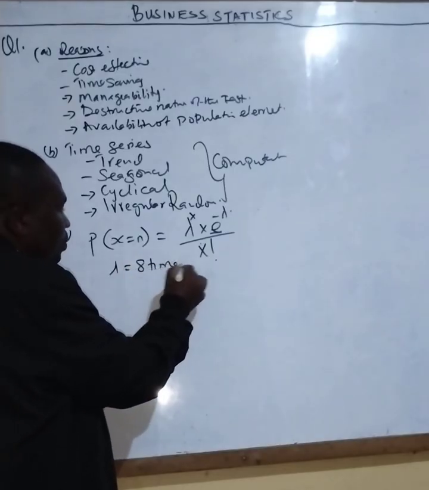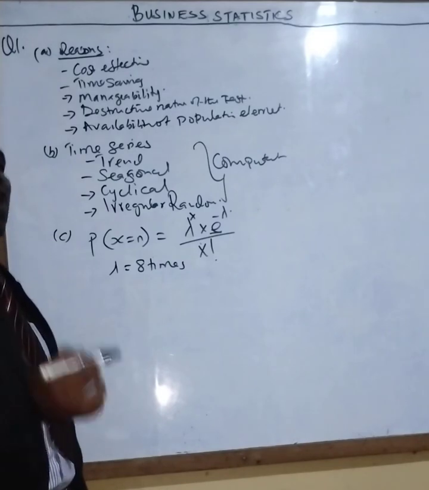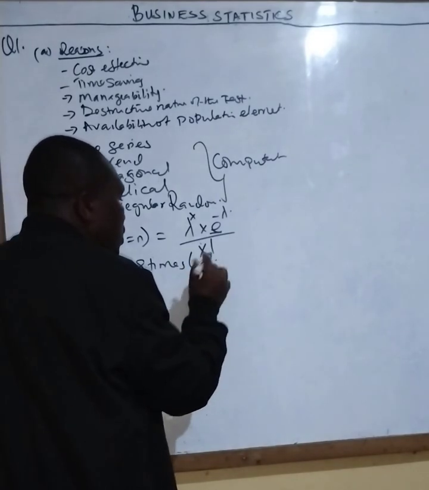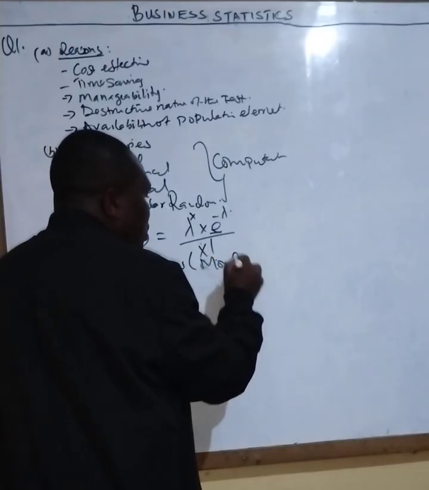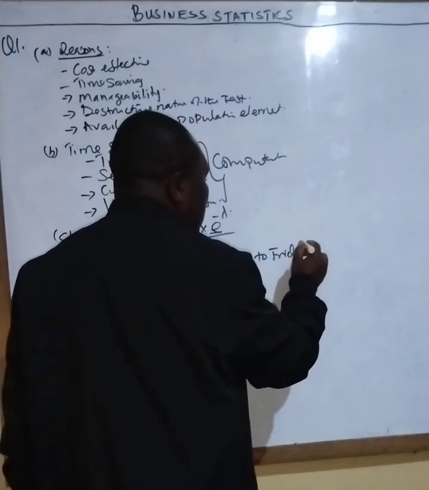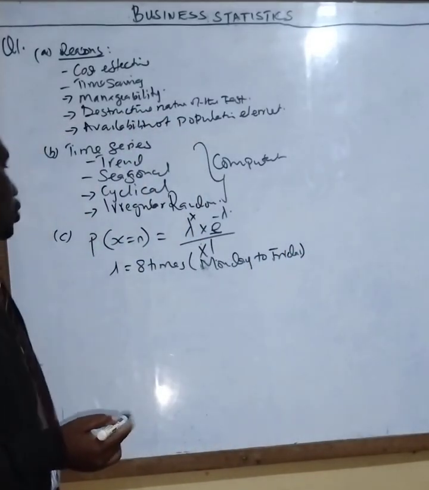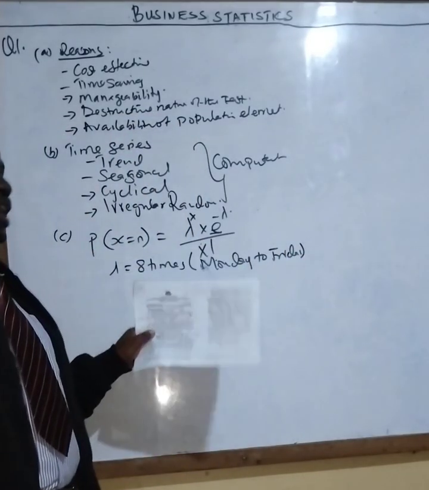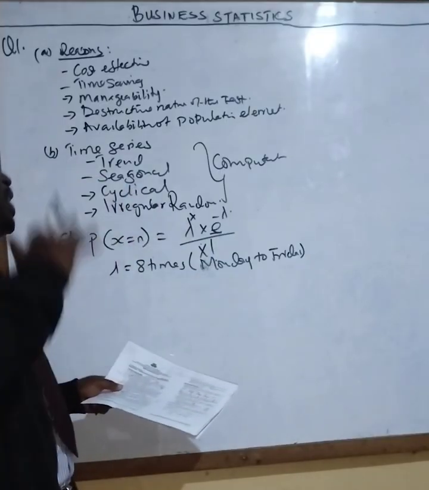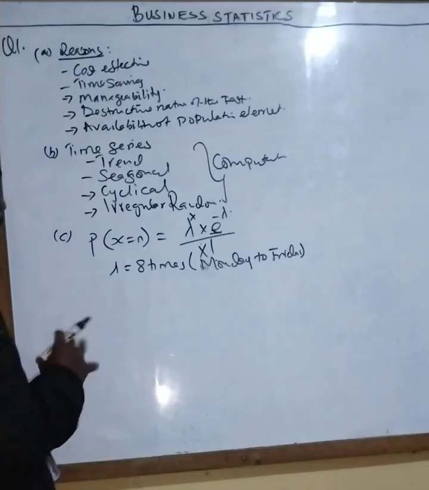And this is happening in a week, which is Monday to Friday. How many days are those, class? 5. So within a week, the photocopier breaks down 8 times. That is our lambda.